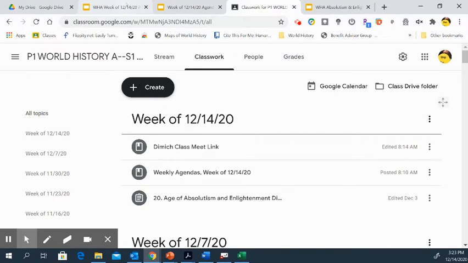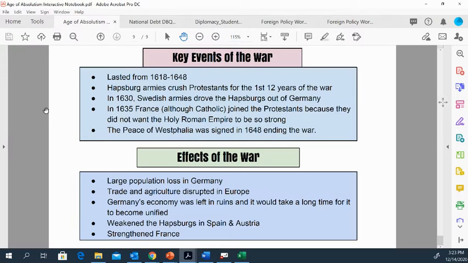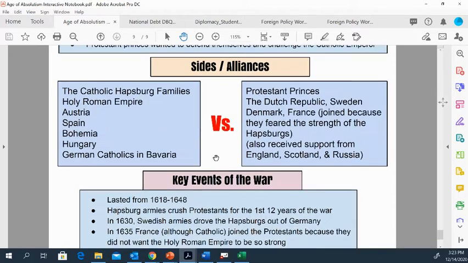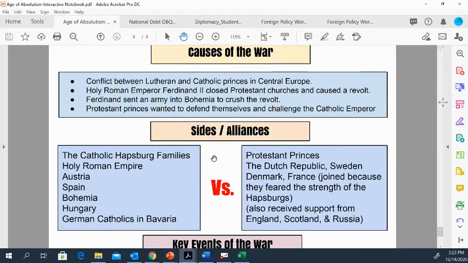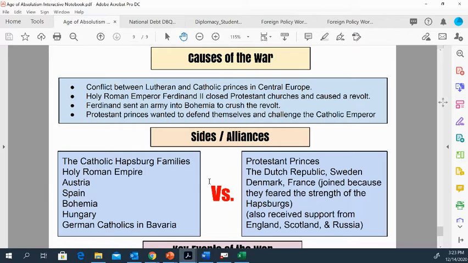You've got a slide here; we followed up with the 30 Years' War. Remember, if you need to grab this, it has different sides and alliances, Protestants versus the Catholics. Protestants on one side, Catholics on another side.